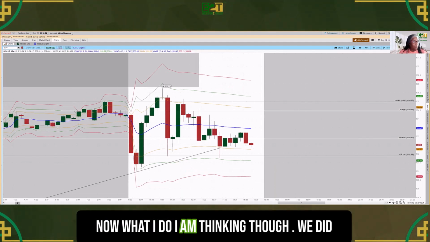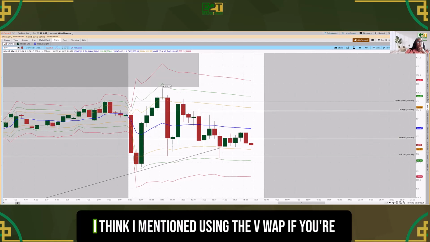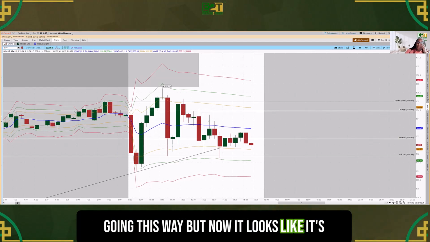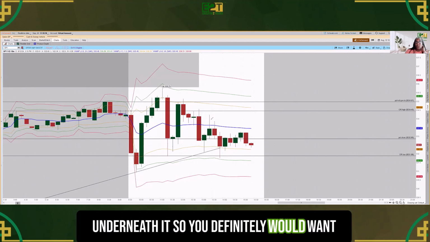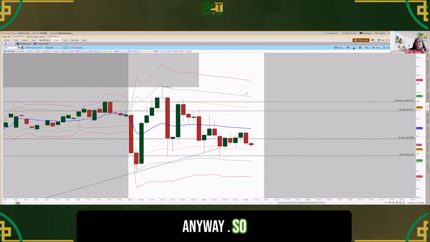Now, what I am thinking though, we did talk about VWAP. I think I mentioned using the VWAP if you're going this way, but now it looks like it's underneath it. So we're looking for outer bounds anyway, outer bounds being green and green.